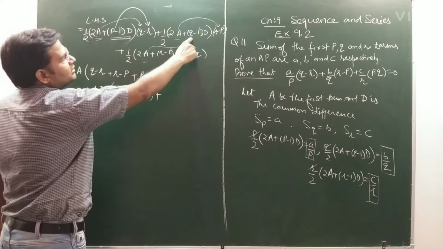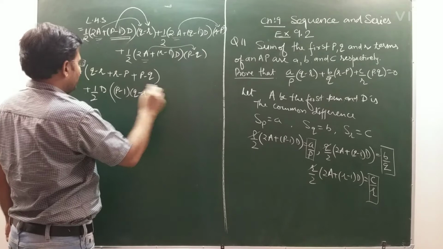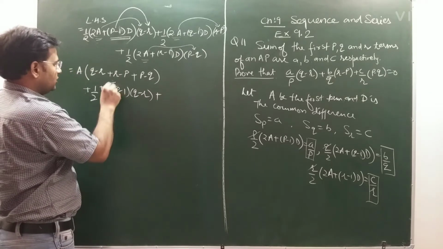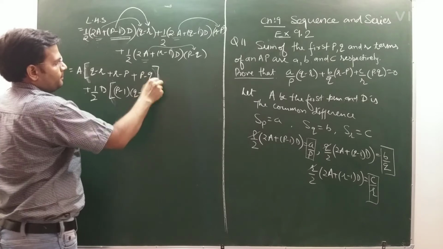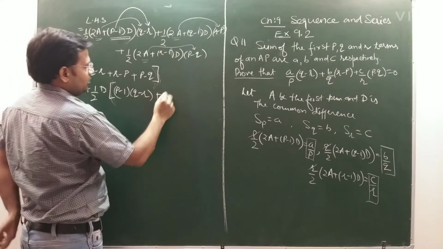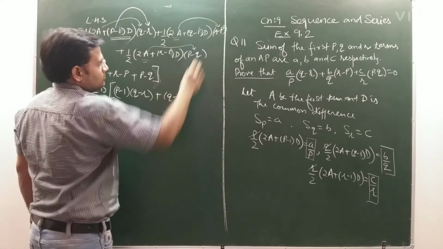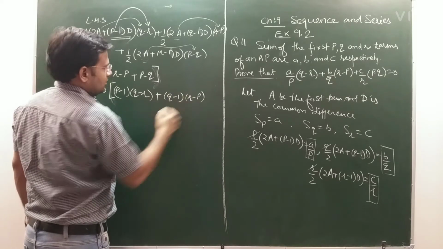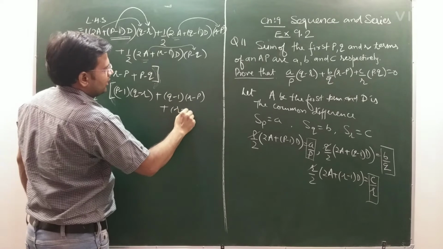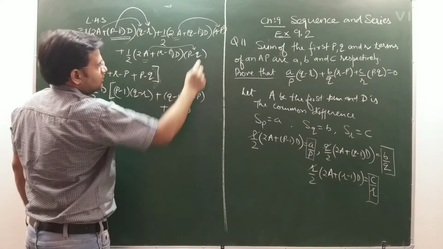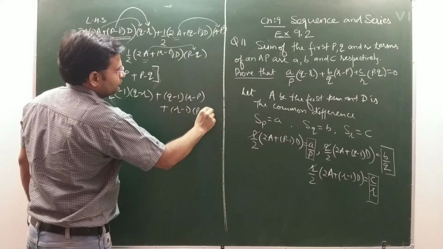Similarly here in this term, 1 by 2 D, you can take this kind of bracket. So from here you will get (Q minus 1)(R minus P) plus, and from here (R minus 1)(P minus Q).